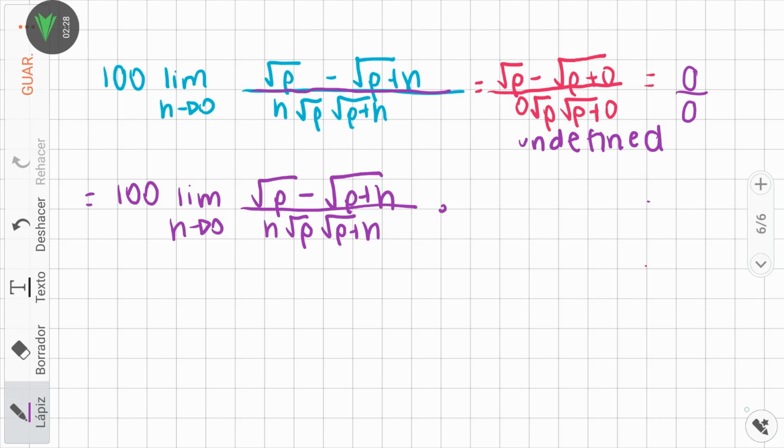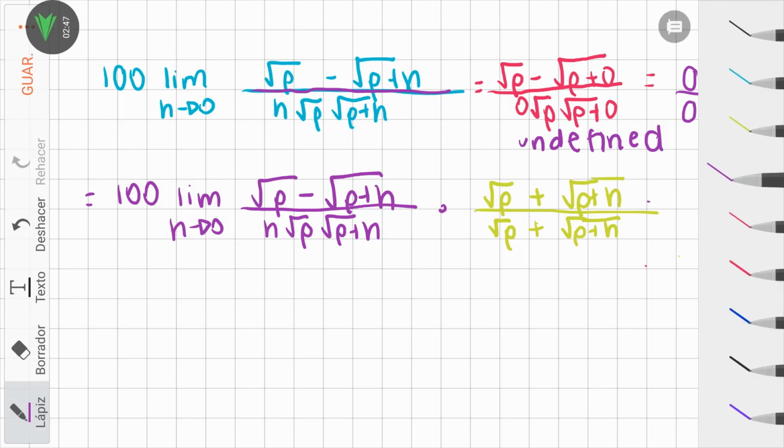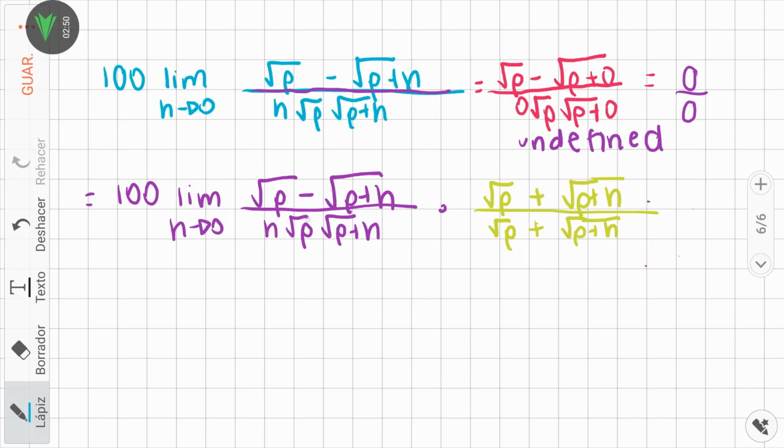And as I said before, you multiply by the conjugate, which is the square root of p plus the square root of p plus h, over the square root of p plus the square root of p plus h. Now, when you multiply by the conjugate, basically what you're doing is applying the difference of squares. See here that your answer will be the square root of p squared minus the square root of p plus h squared.